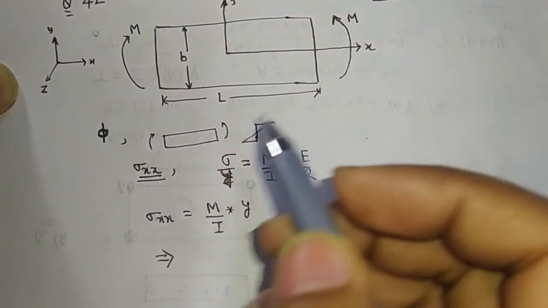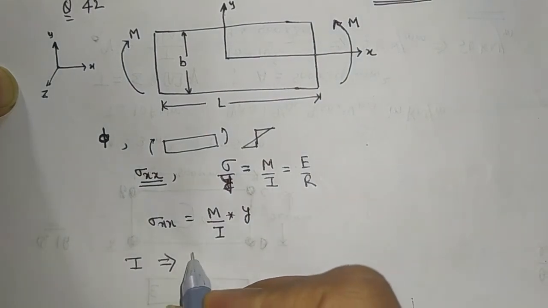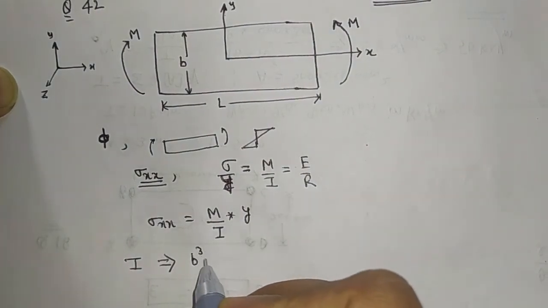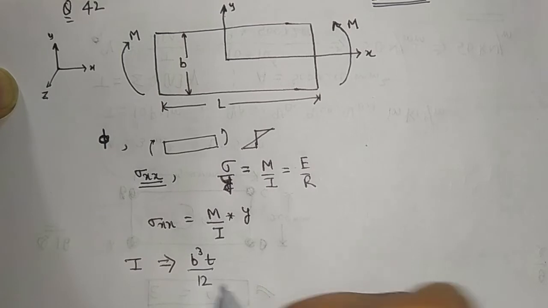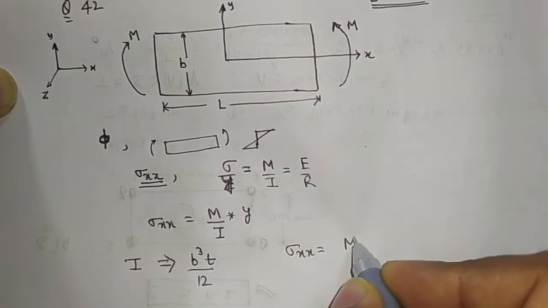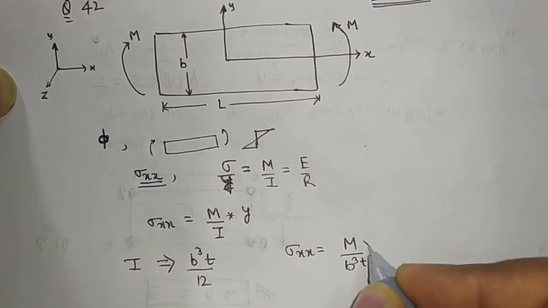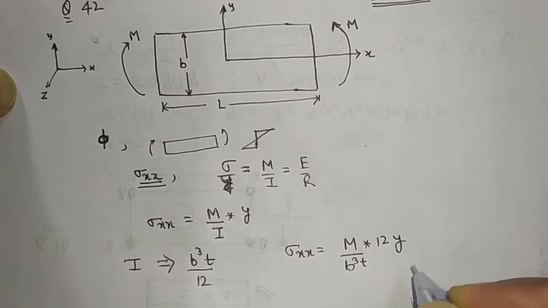And the value of I for this type of bending will be equal to b cube into t divided by 12. So putting the value, sigma xx is equal to M by b cube t by 12 into y.